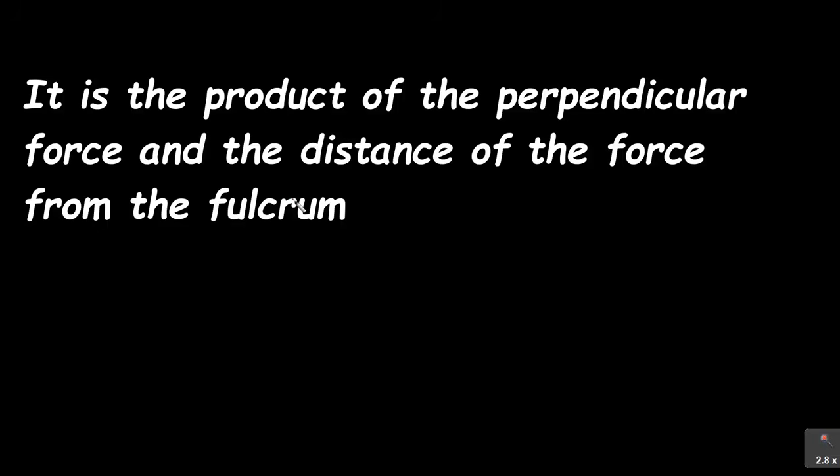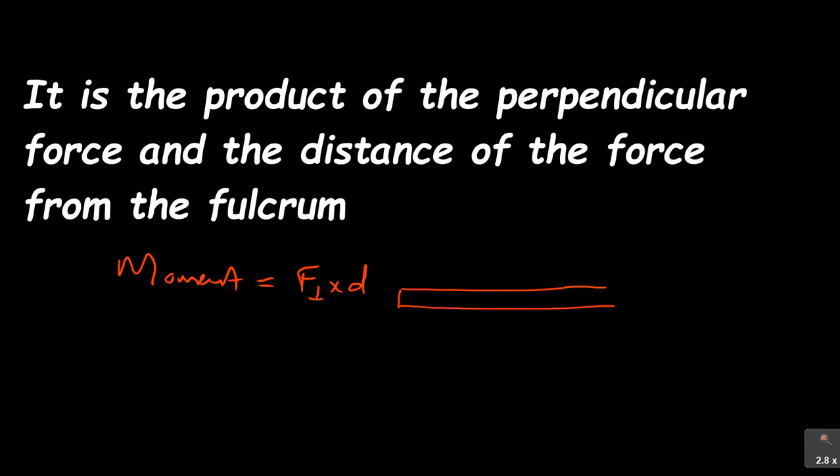That is the first part that we looked at: whenever we are dealing with the moment of a force, it is the product. So moment is equal to the force, the perpendicular force, times the distance from the fulcrum. We did look at it: you have your fulcrum there, and then your distance here.